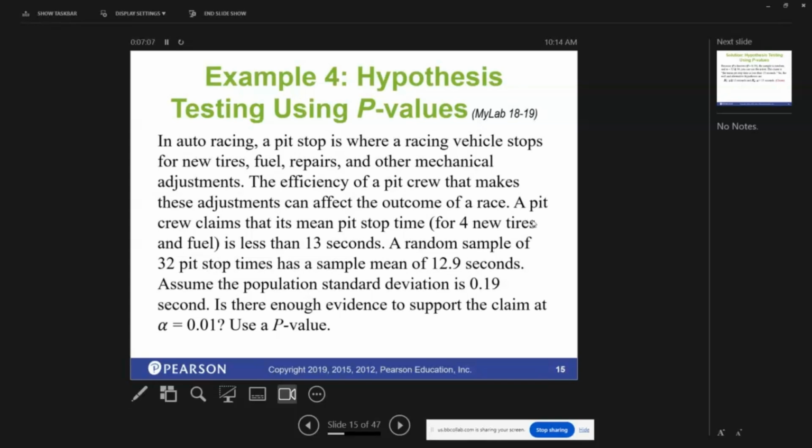A pit crew claims that its mean pit stop is less than 13 seconds. A random sample of 32 pit stop times has a sample mean of 12.9 seconds. We want to assume the population standard deviation is 0.19 seconds. Is there enough evidence to support the claim at alpha equals 0.01?